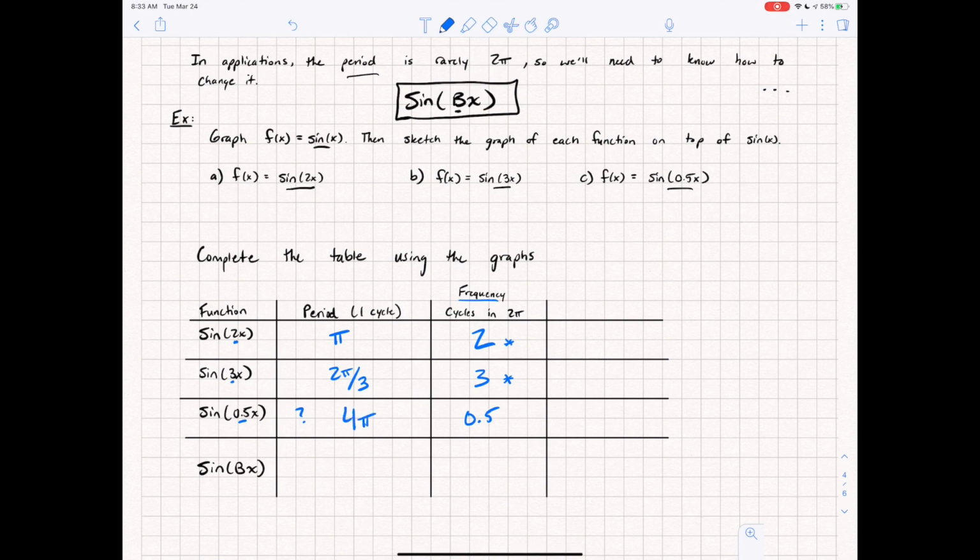So what's essentially happening here? What does it mean when we're really talking about frequency in terms of b? Well, the way that I like to describe this is that b is my frequency. It's telling me how fast or slow I'm completing cycles.